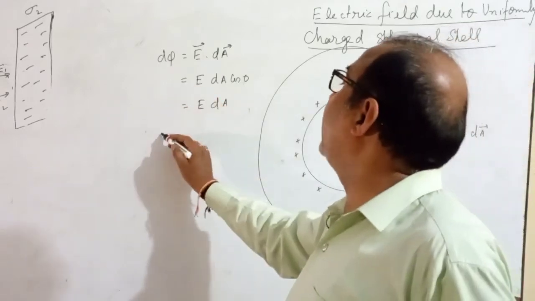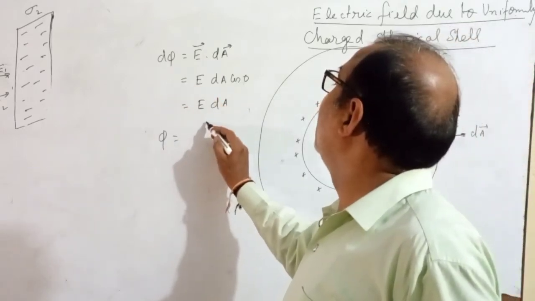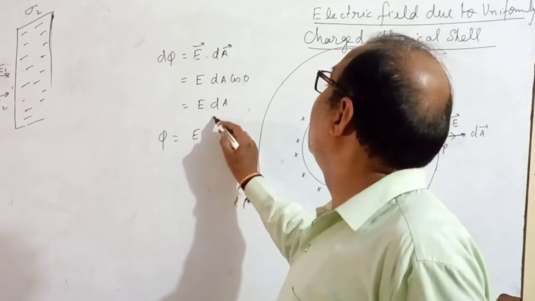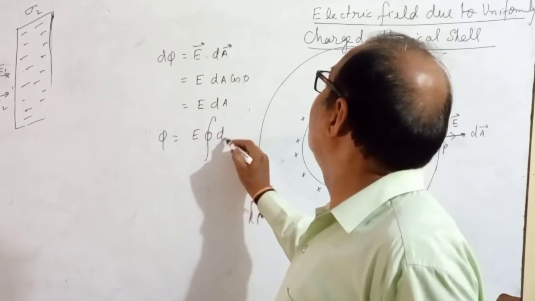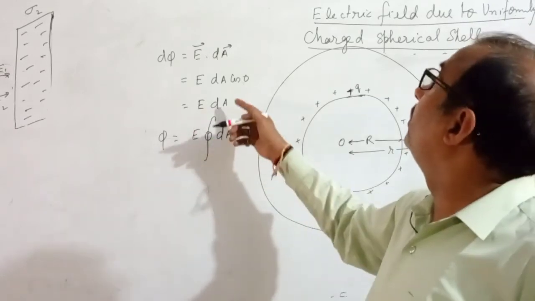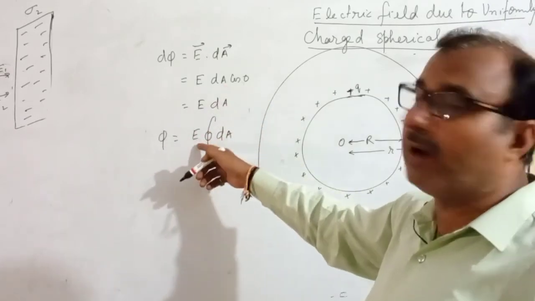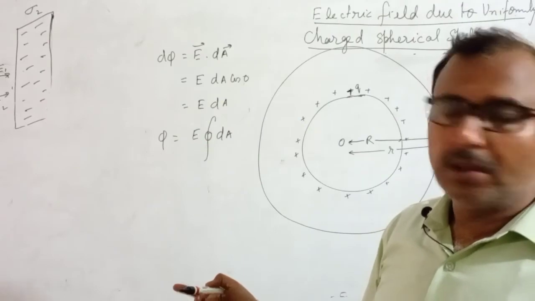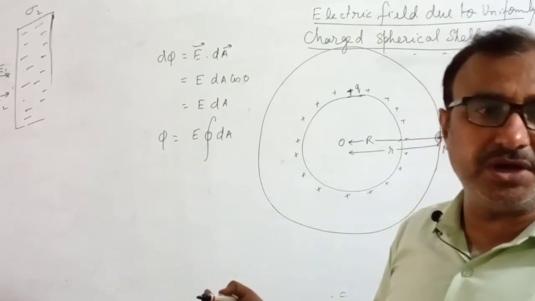So you integrate both sides. Phi equals the integral of E dA. E will come out because it is constant, and we take the integration of dA.